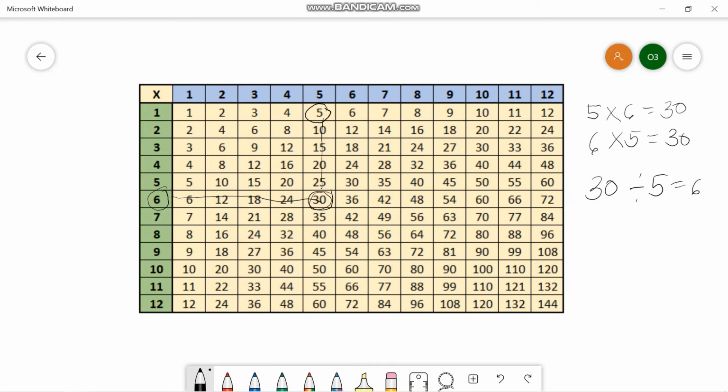And 30 divided by 6 equals 5. So this is another easy method or easy way of getting the multiplication and division facts.